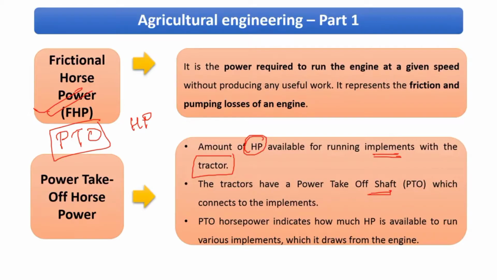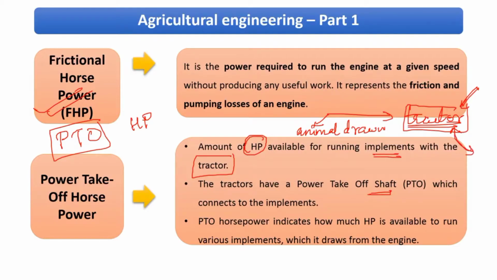That's why whenever you talk about implements, you will see that they are either animal drawn, or you will come across the term tractor drawn implement. What do we mean by tractor drawn implement? An implement is attached to the tractor, and whatever power is provided by the tractor is taken by the implement for its work. So this is an indirect method of providing power for the implements to work.